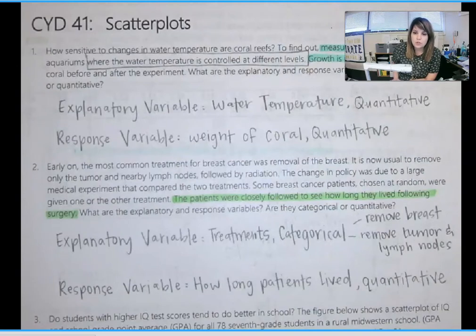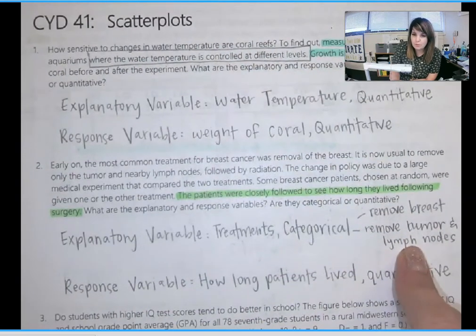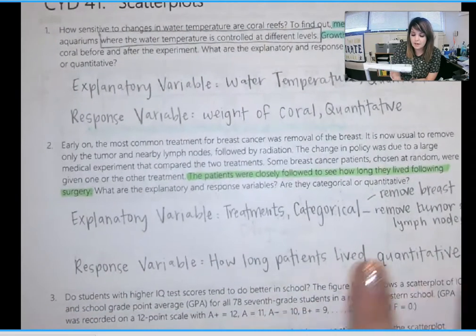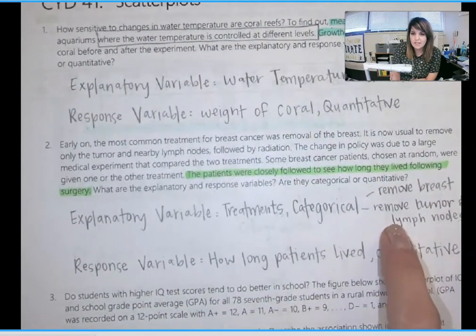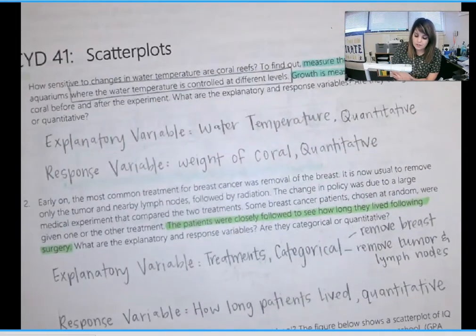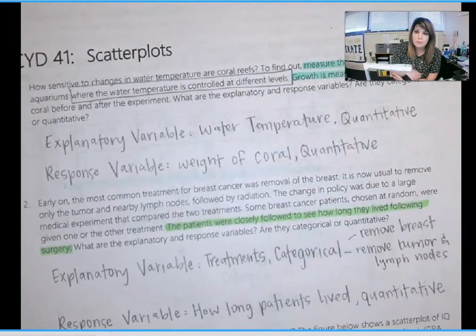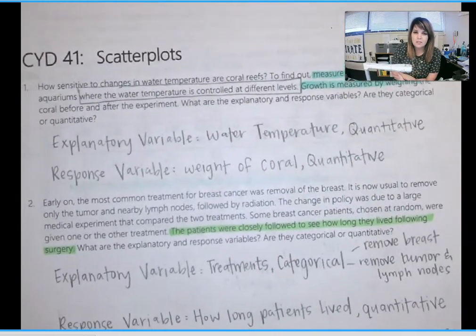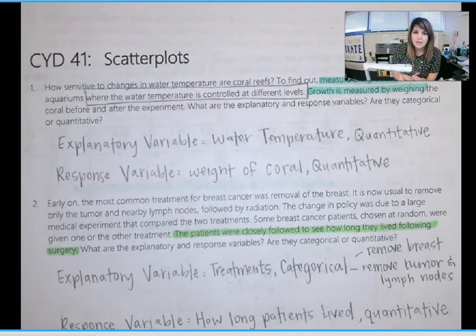For number 2, I specified what the different treatments were. I don't think that that's necessary, but that helped me determine that it was categorical. I was a little bit confused about whether water temperature was quantitative because they used the phrase controlled at different levels.